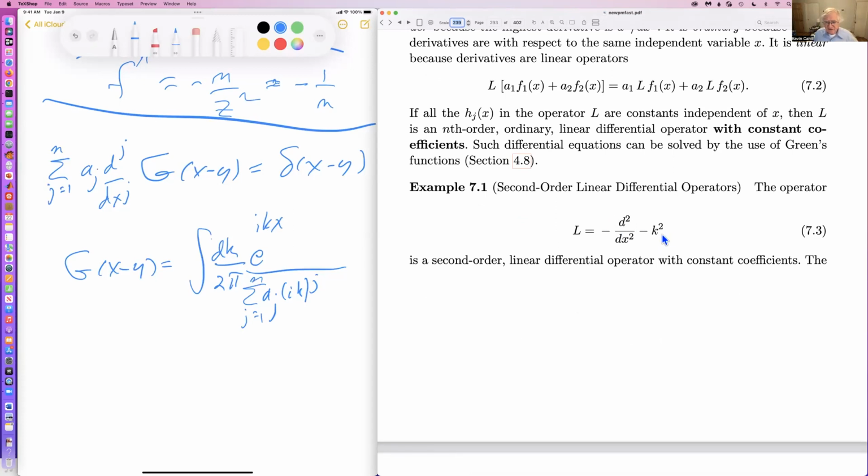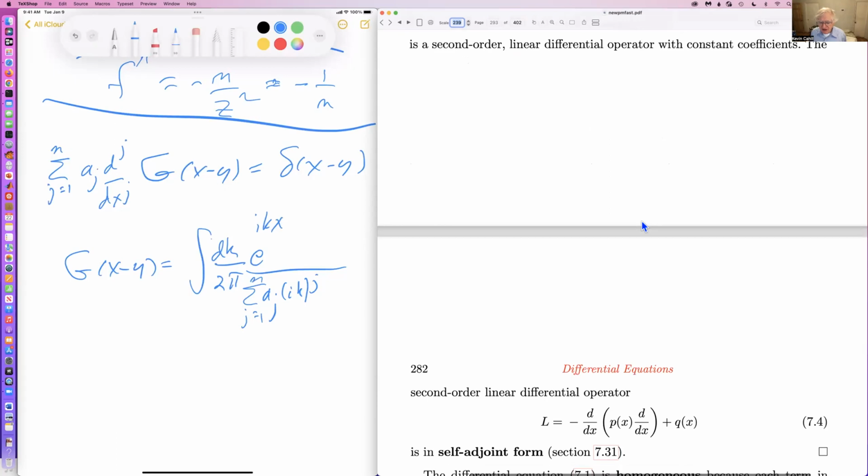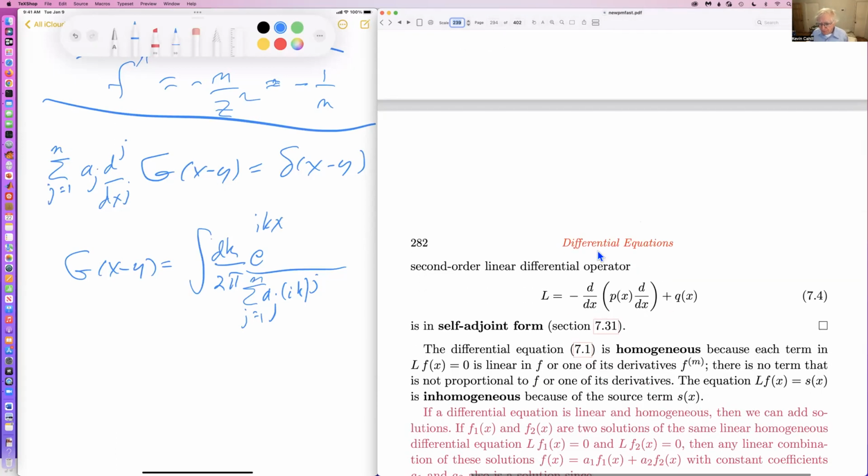Often in physics, we have second order linear differential operators. This is the one for the wave equation in one dimension. Here's a second order linear differential operator, which is written in self-adjoint form. What you can do is always take a second order differential operator and change it to self-adjoint form.